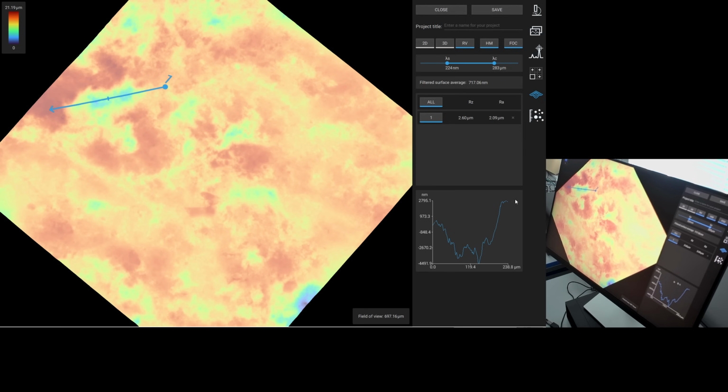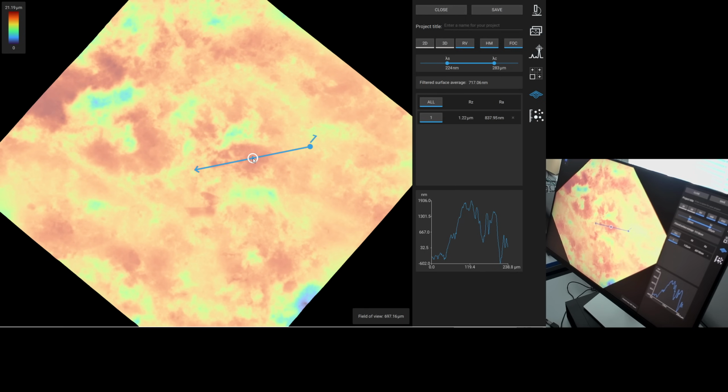It's from 2795 to minus 4491. So that's 2,800. Plus, it's about 6 microns. Again, that kind of level.